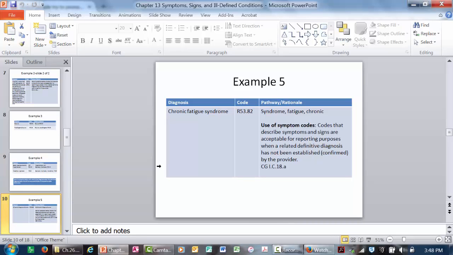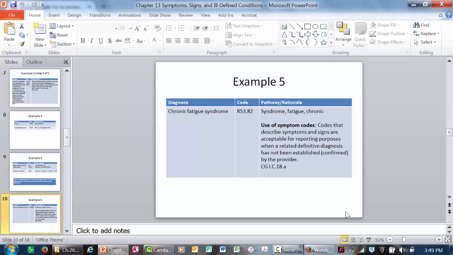Chronic fatigue syndrome I have here because it's such a, what would you say, a non-definitive diagnosis. A syndrome by definition is several different things that are going on at the same time, and they're grouped together, and the doctors have decided that they're a syndrome.